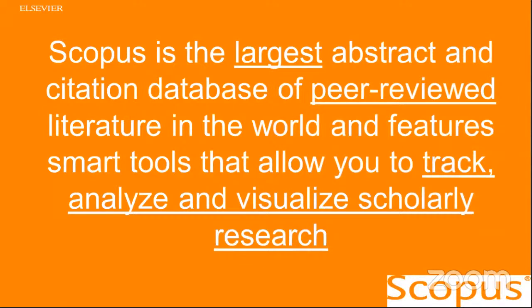So if you're an engineering student, a medicine or life science student, or even a social science student, you'll find your papers there. The most important thing is that all the data there are peer-reviewed. So when you're searching in Scopus, you're sure the data are peer-reviewed, so they are trusted, high quality, and you can rely on them.